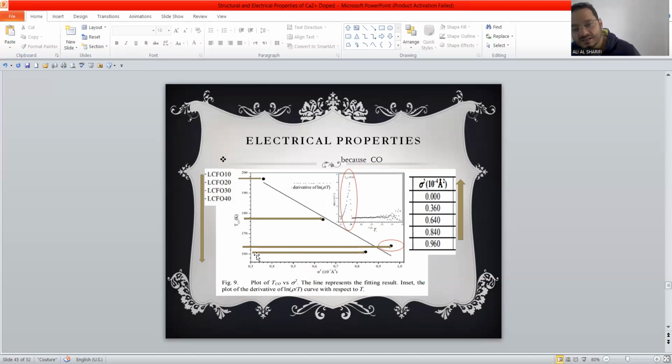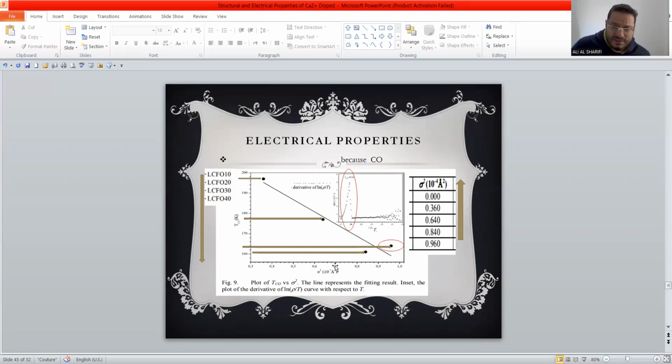But when it increased the concentration more, to be 400%, we will note some increase in the charge ordering temperature, a little bit more than 160.